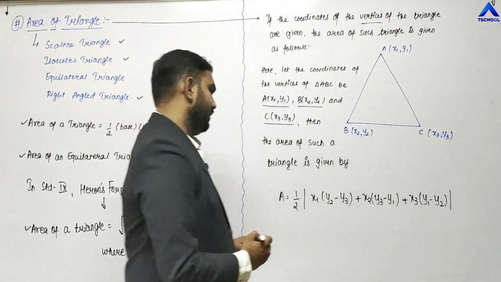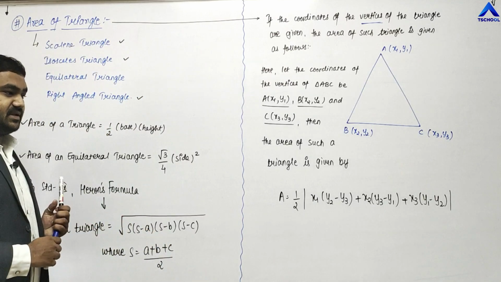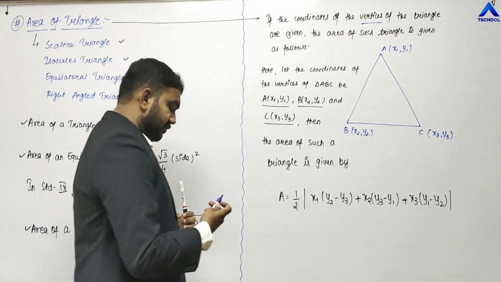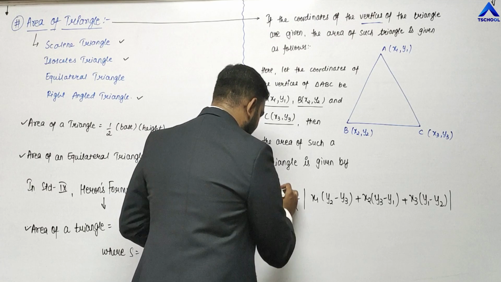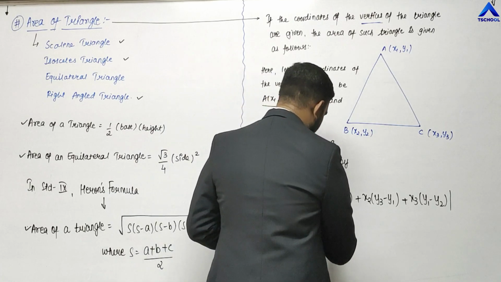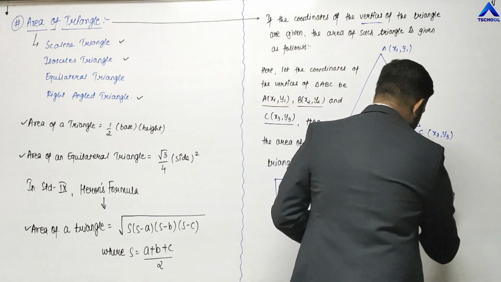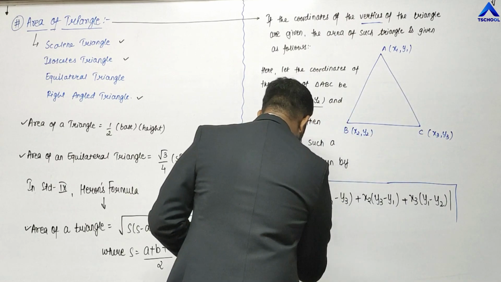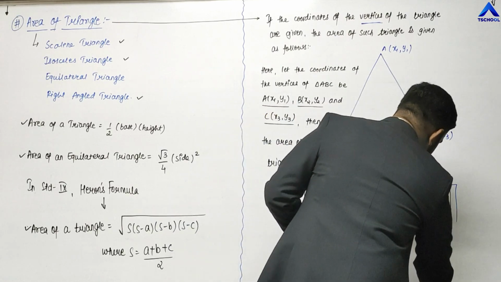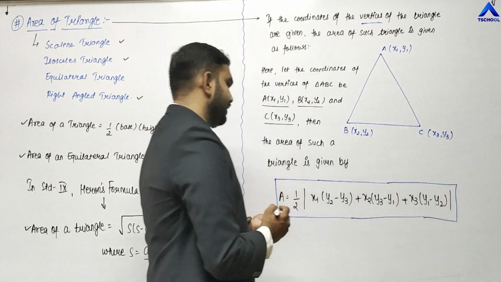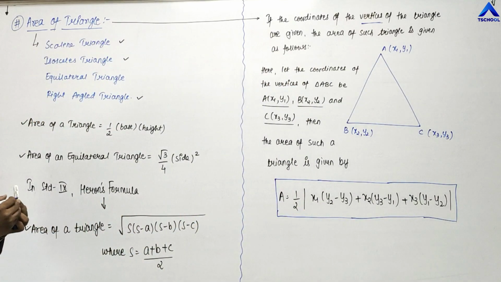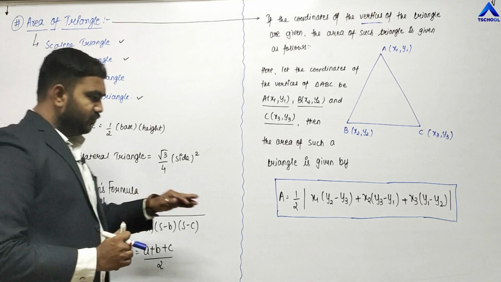y1 minus y2, right? Friends, this is the formula that you need to remember, that is somewhat different from the formula given in the textbook. This modulus is not given in the textbook, but you need to remember it like this, that is half into modulus x1 into y2 minus y3.